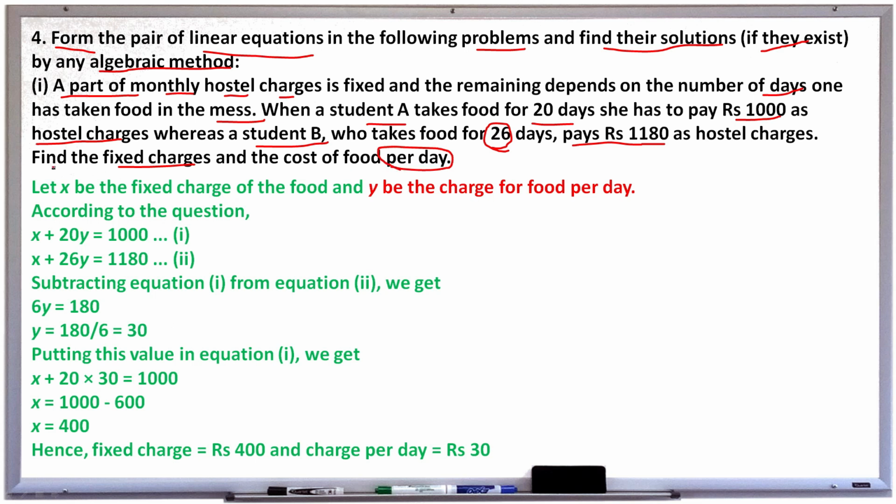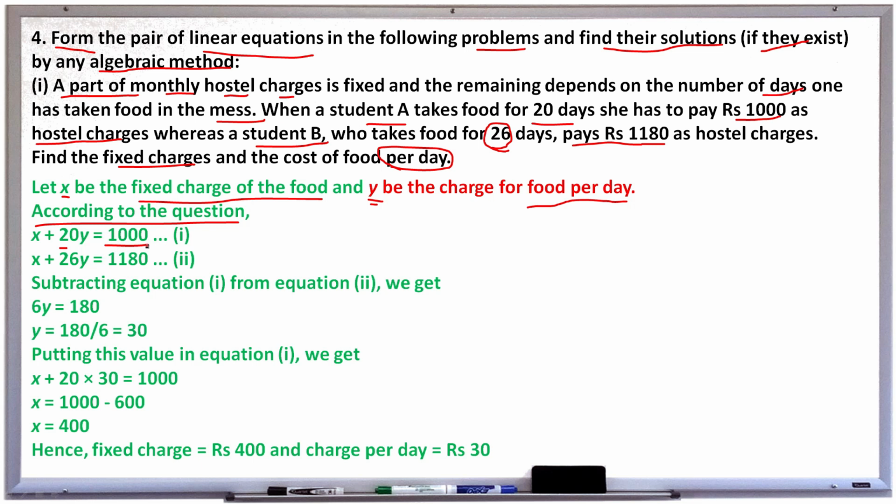Now let us consider x be the fixed charge of the food, y be the food cost per day. According to the condition, we can say x plus 20y, because for 20 days she takes food, is equal to 1000 rupees she pays.